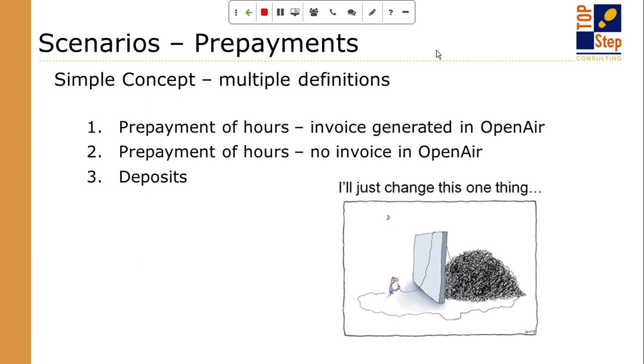And then there's also the situation where, although OpenAir can do invoicing, not every customer uses the invoicing. So how do you track a prepayment in OpenAir when you're not doing the invoicing part of it? And then finally, deposits in general, which can be thought of as a type of prepayment, but you can use them for more than just prepayment of hours, but prepayment of anything in the system.